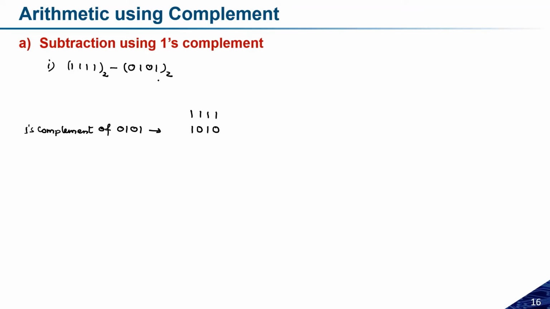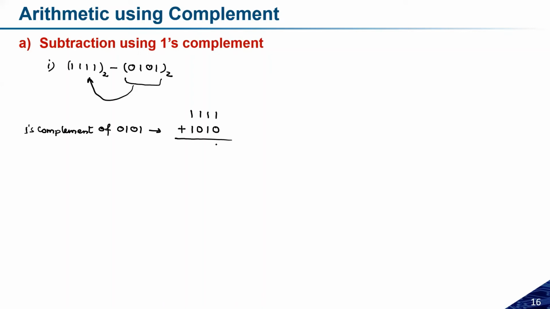Initially I have to subtract 0, 1, 0, 1 from this number. After calculating the ones complement of this number, instead of subtracting, I have to add this number. If I add this number, then what result will I get? Let us try to do that.